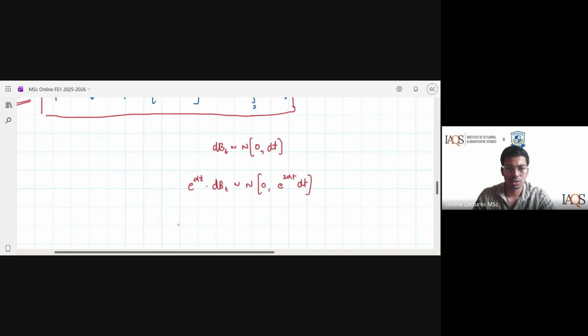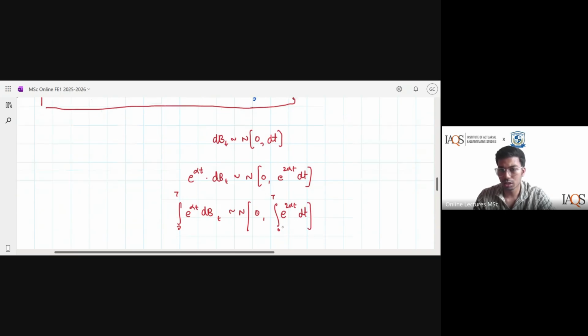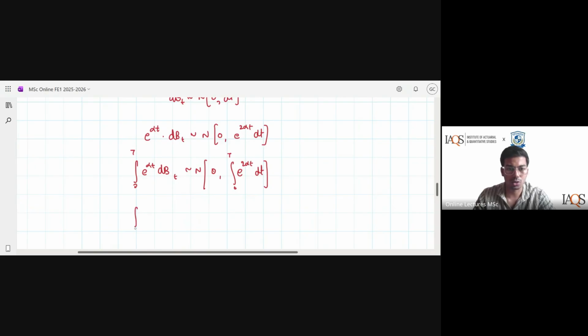I'm now integrating, so the integral from 0 to T of e^{αt} dB_t will follow normal with mean 0 and variance the integral from 0 to T of e^{2αt} dt. I know I can solve this easily, so it follows normal distribution 0, (e^{2αT} minus 1) upon 2α.